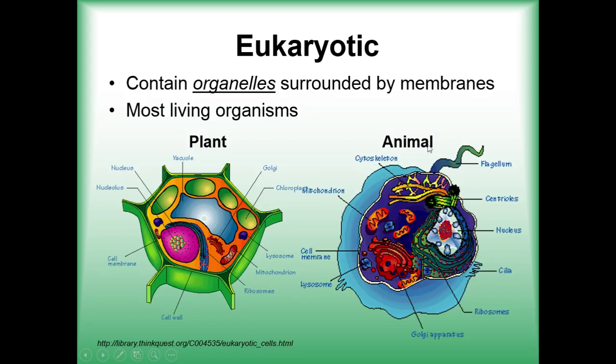Therefore, we do not need a cell wall in every one of our cells. Plants get their support from their cell wall. So the three main differences between plants and animals are: plants have a large vacuole, plants have chloroplasts, and plants have cell walls. Animal cells do not have any of those three.